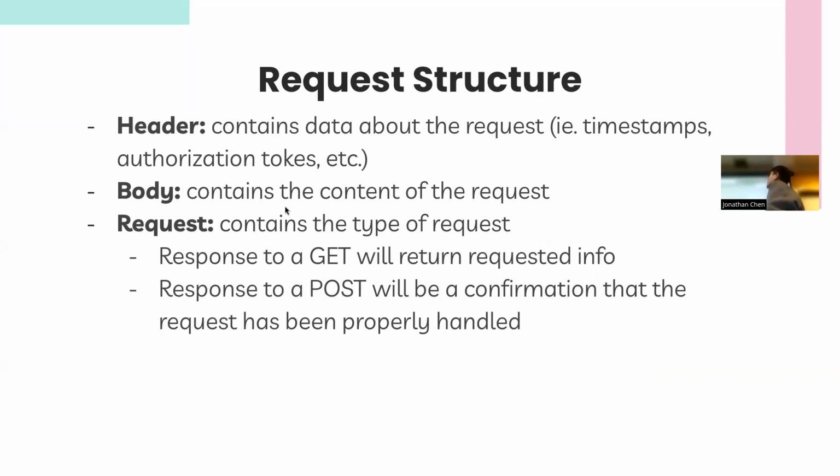And then just some information that you might want to know. So when you send an HTTP request, there's going to be a header that contains some sort of metadata about the request. These can be timestamps, tokens that you need to authorize an endpoint and stuff like that. The body contains the content of the request.